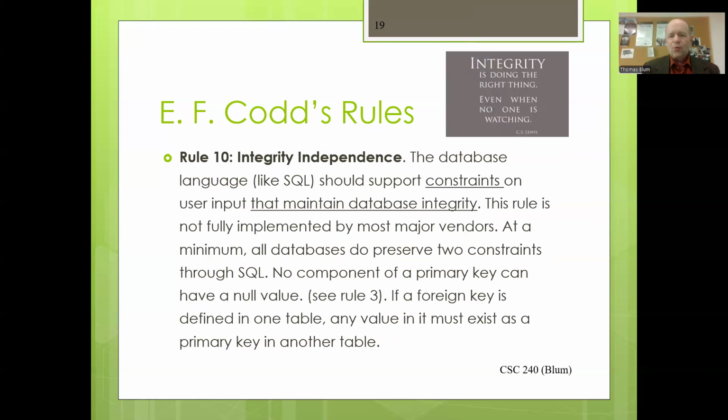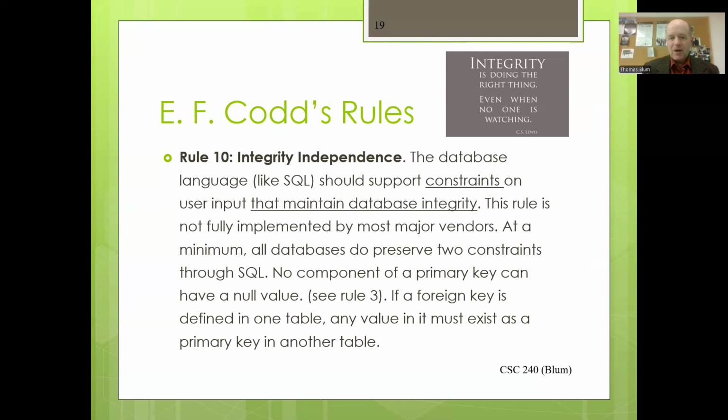We always want integrity. We want our data to be sensible and to make sense, and so we put constraints on the data when we make our design and so forth, and those should be supported by SQL. And we want those to be kept.